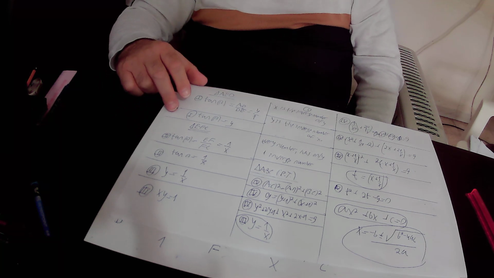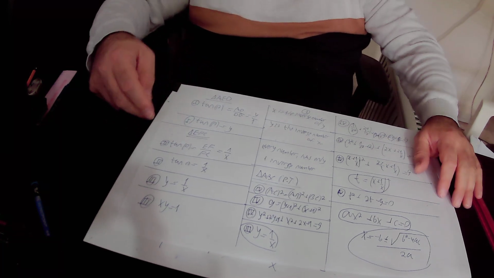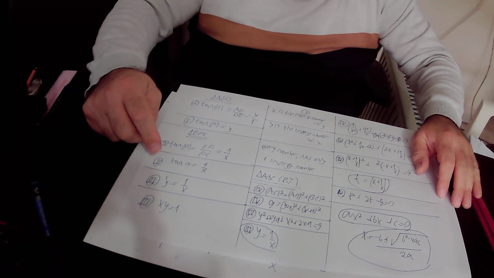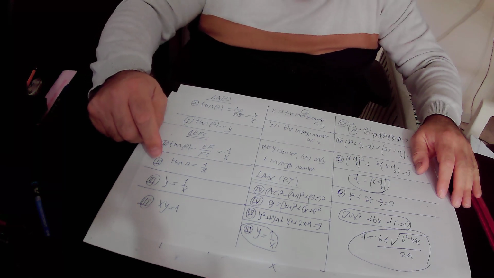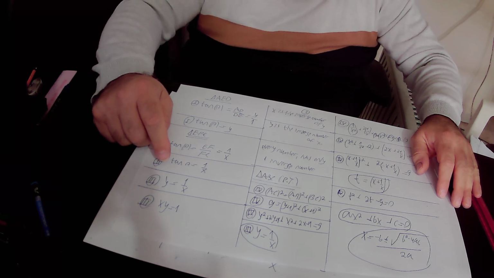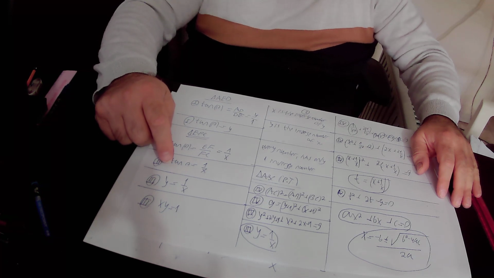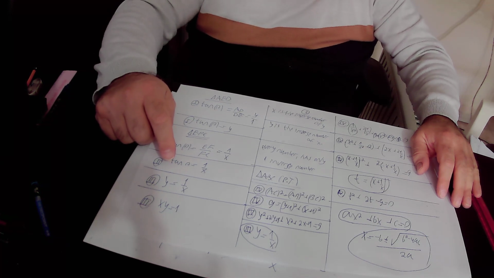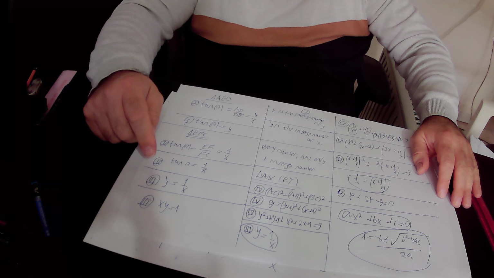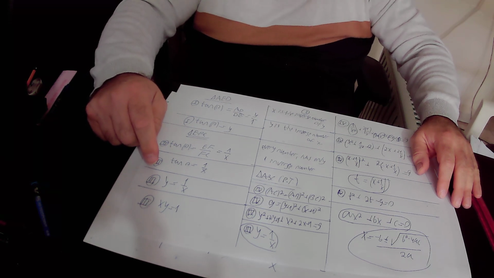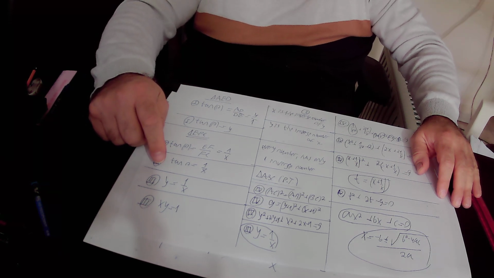Then we created equation number 3, which states that tangent theta according to equation number 1 must be equal to tangent theta according to equation number 2. Tangent theta according to equation number 1 equals y, and it must equal tangent theta according to equation number 2, which equals 1 over x. So according to equation number 3, y equals 1 over x.